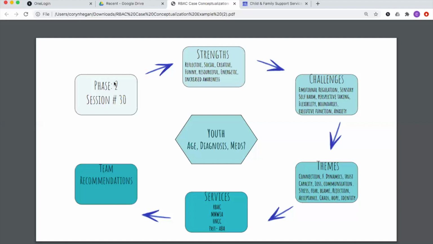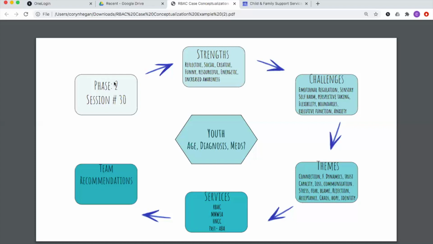There's loss. Shelly has recently lost one of her very big supporters, her father. Other things we see with her are stress, fear, blame, rejection, acceptance, chaos, hope, and identity.